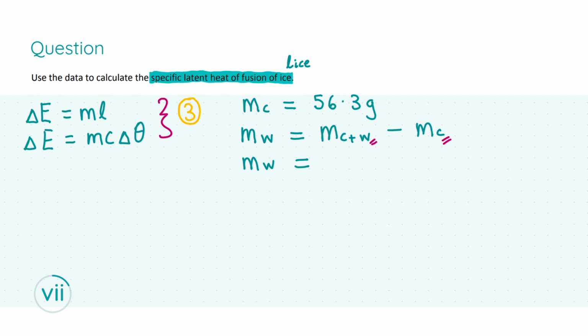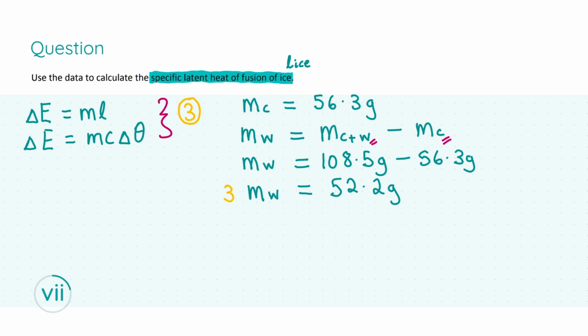And this calorimeter plus water figure does not include the ice at all. And this just gives us 108.5 grams minus 56.3 grams, which is just going to give us the mass of the water to be 52.2 grams. And just by calculating this value here, you're going to pick up another 3 marks.